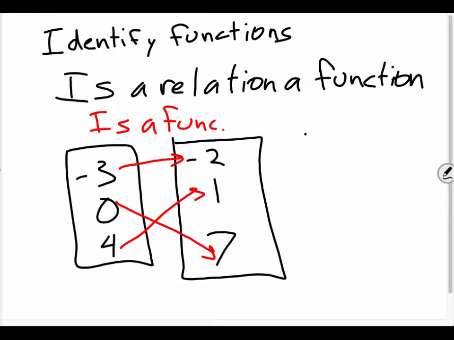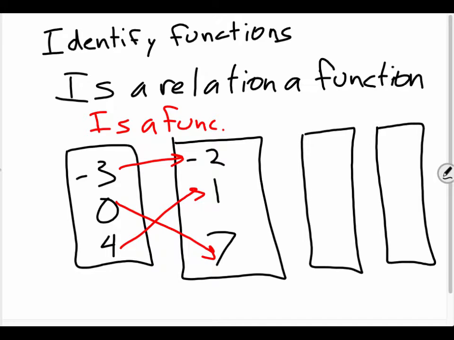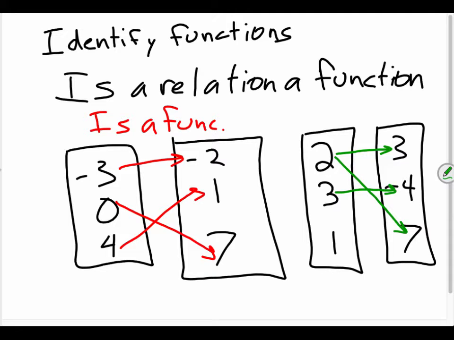Now, I'm going to do another set of numbers. Okay? Two is mapped to 3. 2 is also mapped to 7. 3 is mapped to -4, and 1 is mapped to 7.